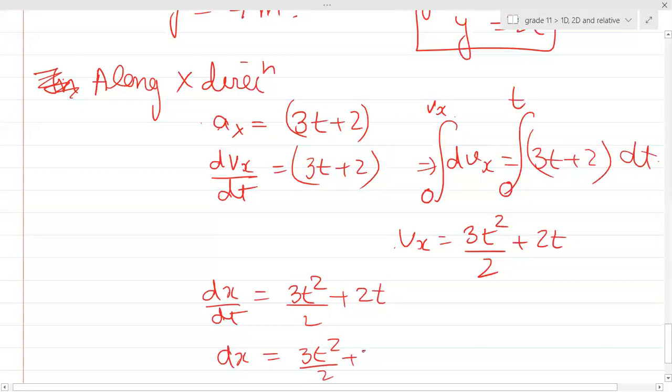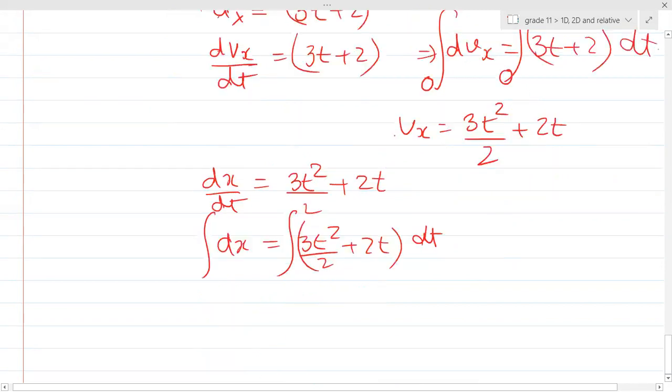So you'll integrate it again. Now see, when time was 0, the object was at origin. The x coordinate at origin is 0. And time became t, x.